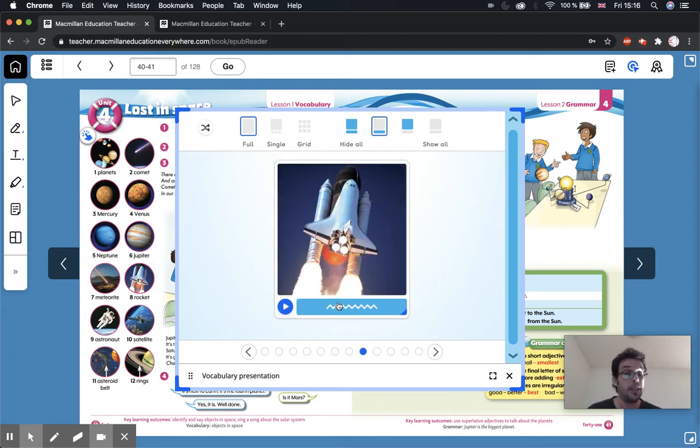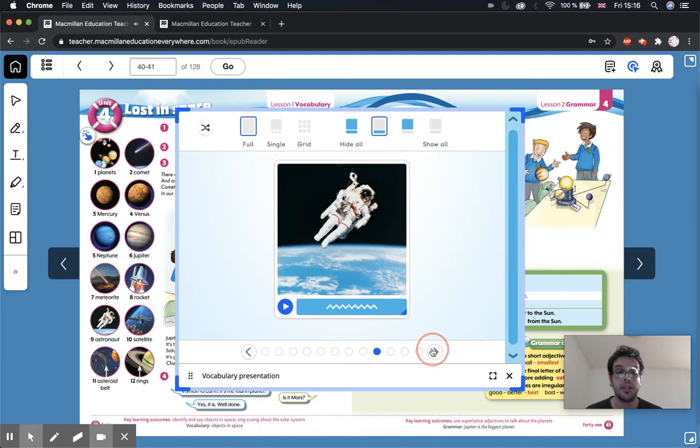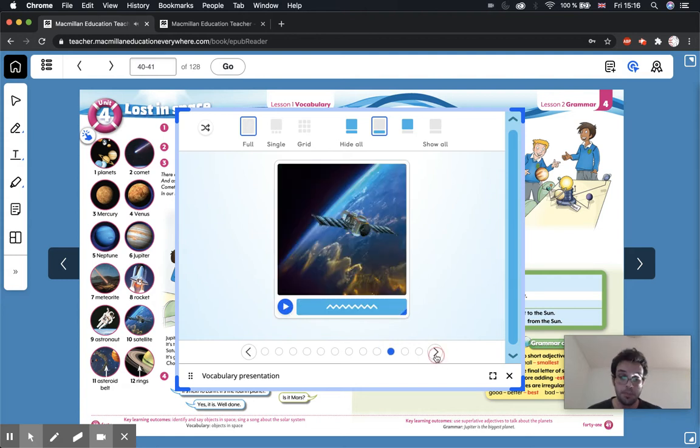To travel in space, we use this. This is a rocket. And this person here, you know this, he is an astronaut. This object in space is called a satellite.